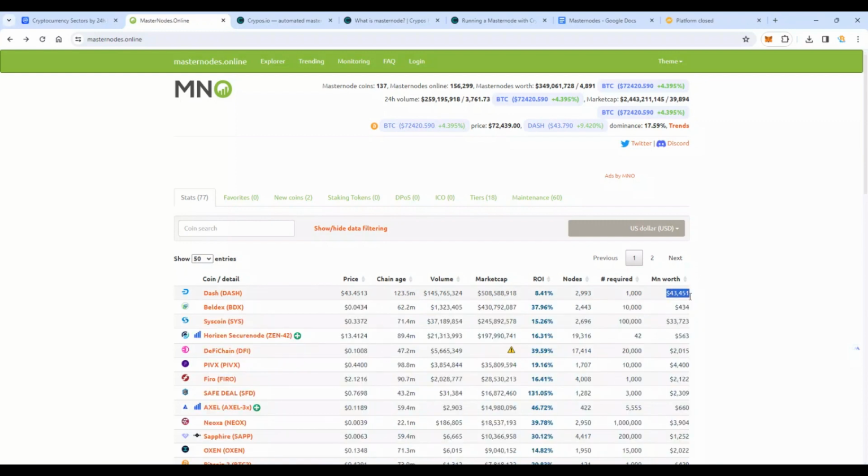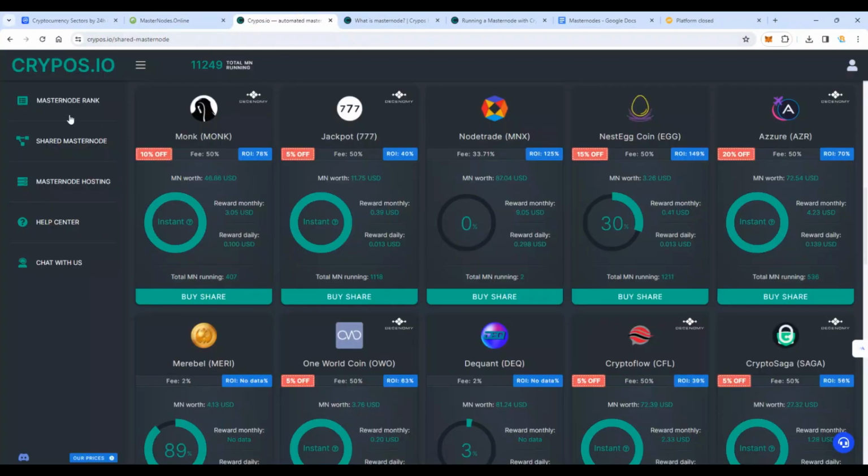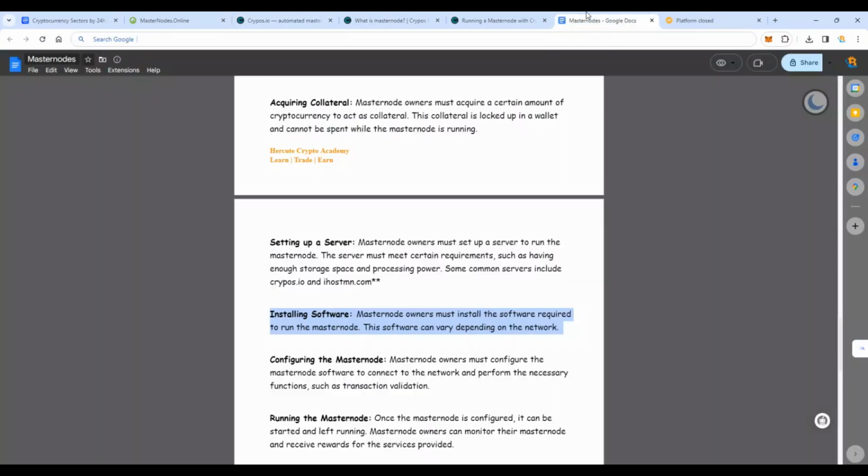So for that reason, we have what we call shared masternodes, and this is where Cryptos.io comes in. You can see here we have the shared masternodes, and we are going to look at the requirement for each. Also, there are some other factors that we are going to look at, but I'm going to discuss that further.